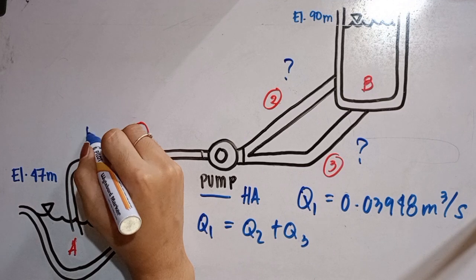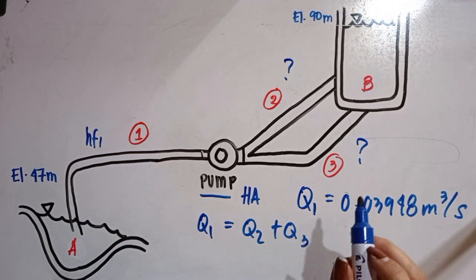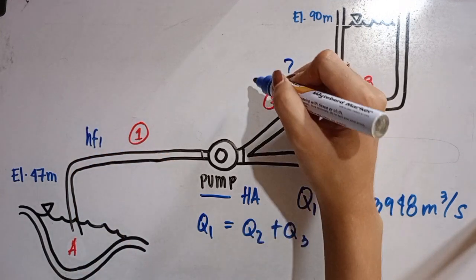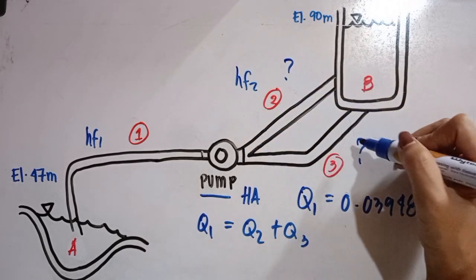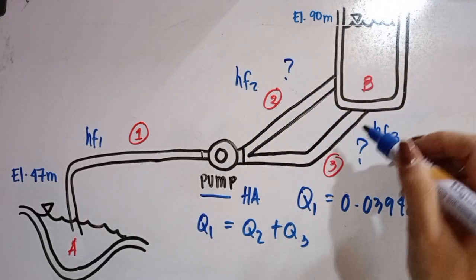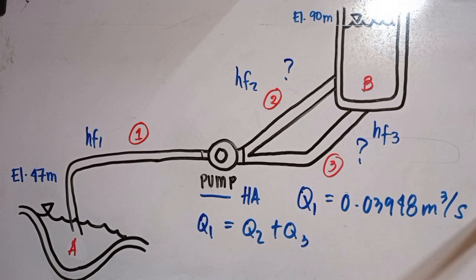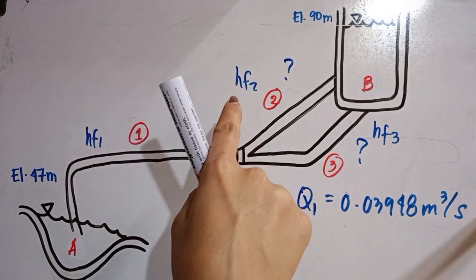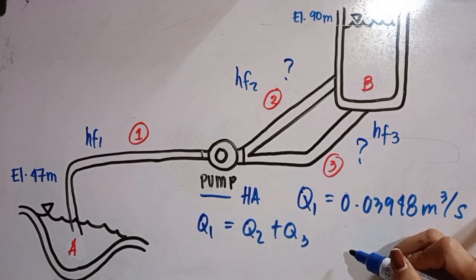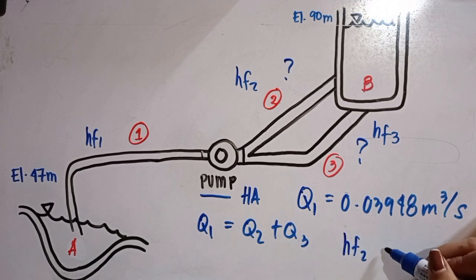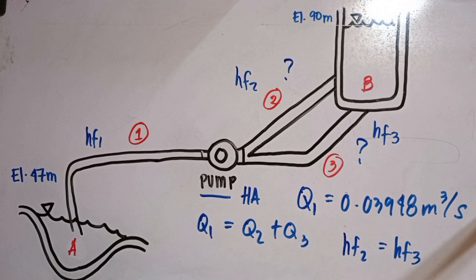Also, we have HF1 over here, frictional loss in pipe 1, and frictional loss in pipe 2, and frictional loss in pipe 3. But the frictional loss in pipes 2 and 3 is just the same, right? So HF2 is equal to HF3, since this is parallel.